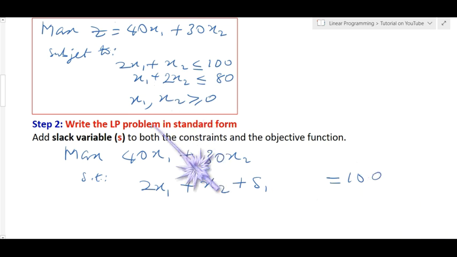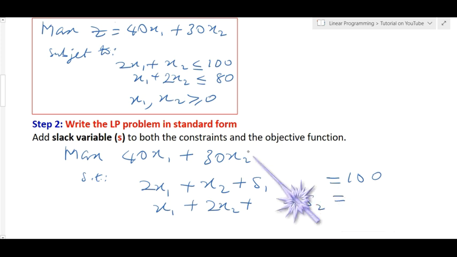For the second one, we have x1 plus 2x2, plus 0 s1 here, then plus s2, slack variable 2, is equal to 80. Then here will be 0 s2.